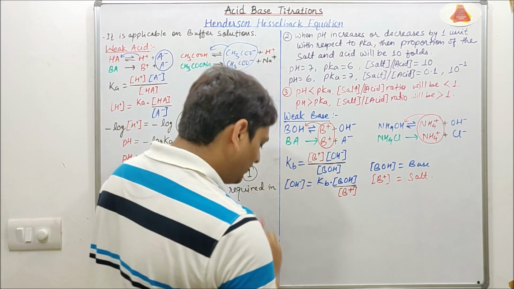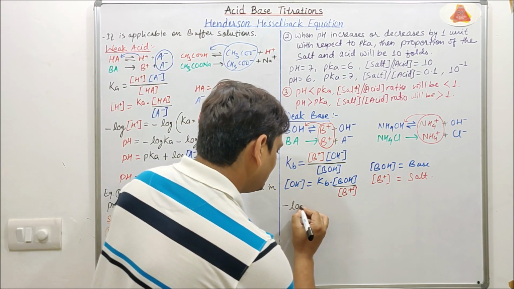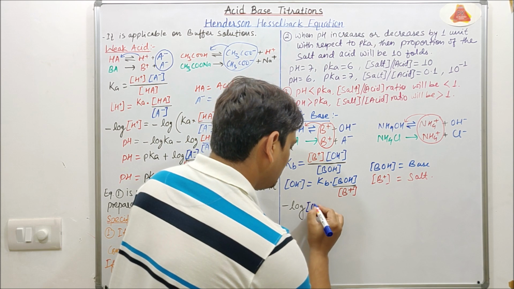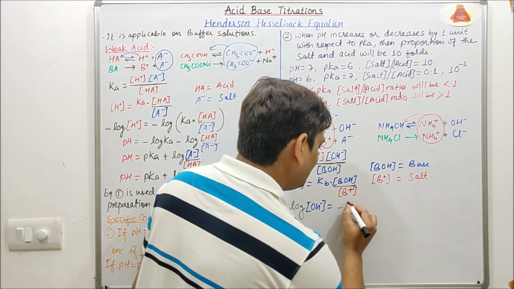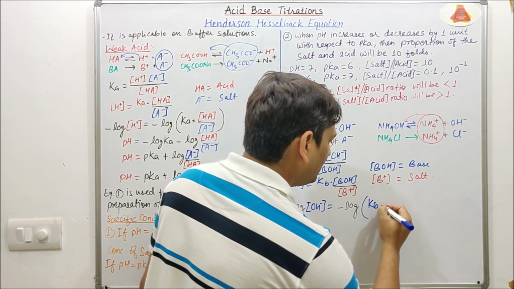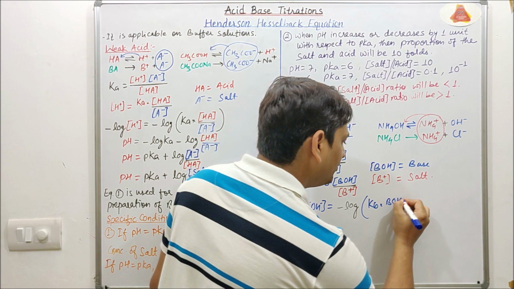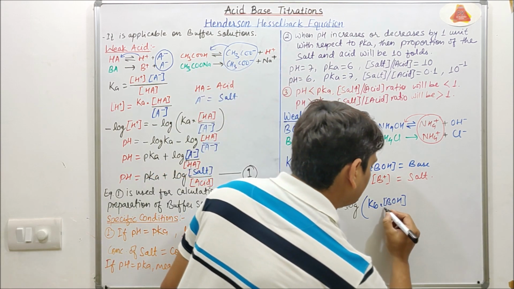Now let's take the minus log on both sides. So it will be minus log OH minus is equal to minus log Kb into BOH divided by B plus.